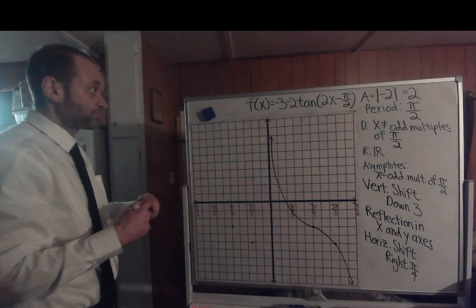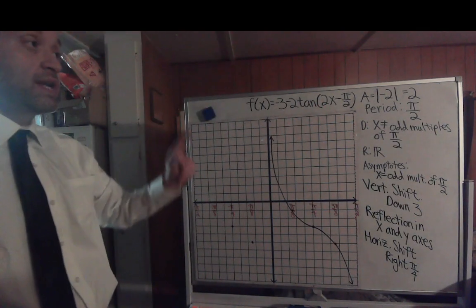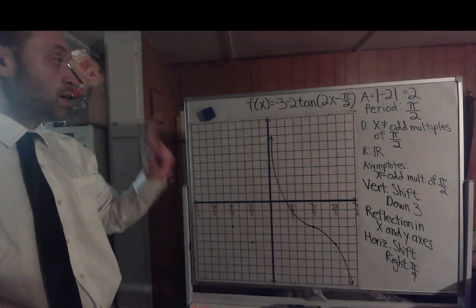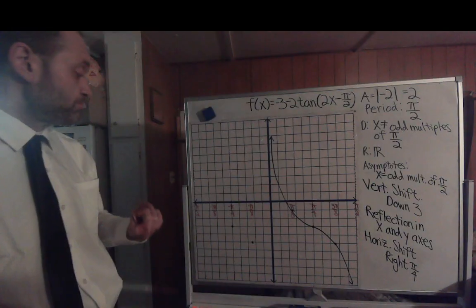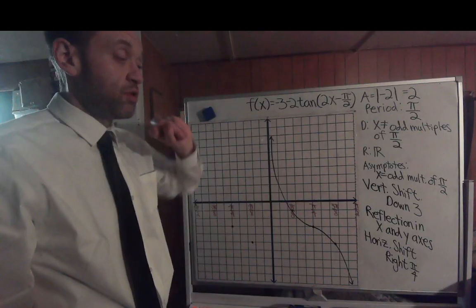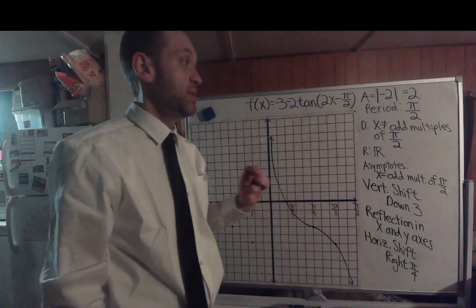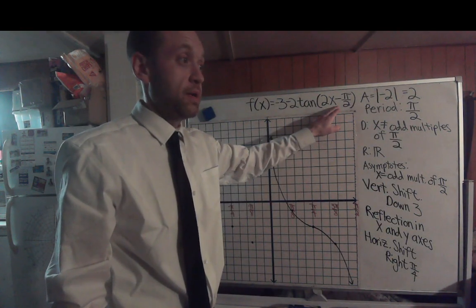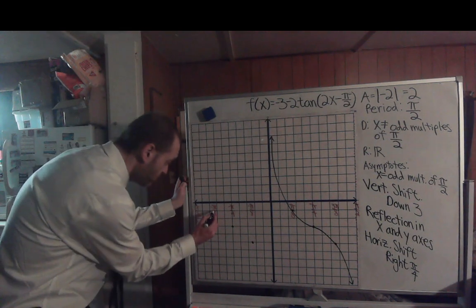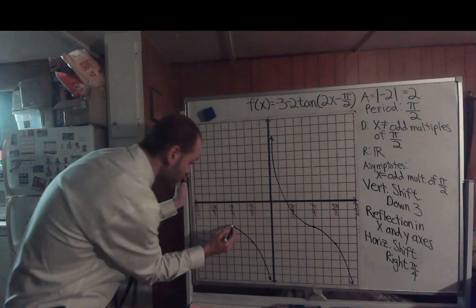And then if you put in negative 3 pi over 8, you'll end up getting negative 3 pi over 4 minus pi over 2. That's normally going to end up being negative 5 pi over 4, which would be negative 1, times negative 2 is positive 2, minus 3 is negative 1. So yes, what a change.